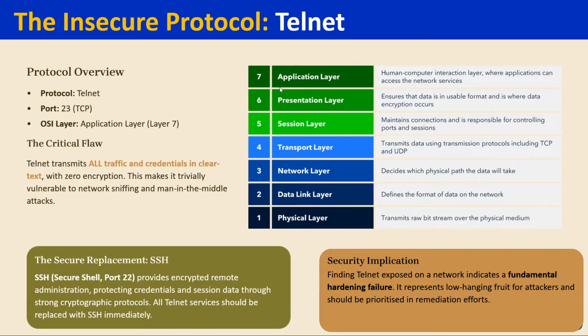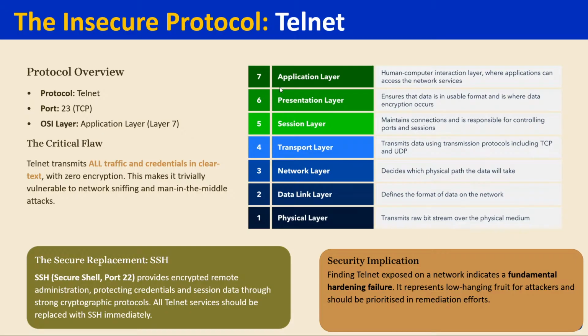Telnet runs on port number 23 and operates at layer 7 in the OSI model. While it allows remote communication, it has a critical fundamental flaw: Telnet transmits all traffic in clear text, whether it's a username, a password, or data. It doesn't matter.